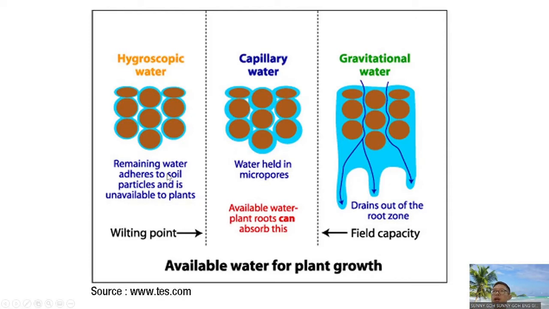The best way for us to understand what kind of water remains in the soil at this stage is by example. If you take soil that is wet, put it into an oven at 105 degrees Celsius to fully dry, and after 24 hours take the soil out and place it on top of a digital weighing machine, you can see over time the mass of the soil will increase until it stops.